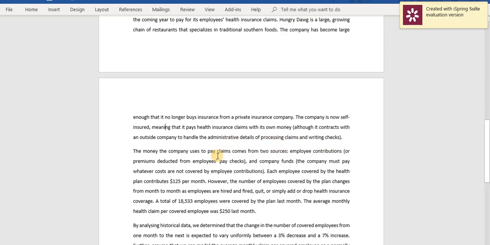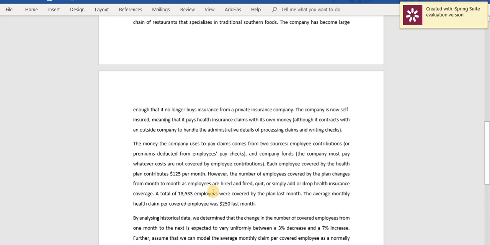The money the company uses to pay claims comes from two sources: employees' contributions as well as its own money. Each employee will contribute $1.5 towards the health plan, and the number of employees in the company may change from month to month because they will hire new employees every month, and some will quit.